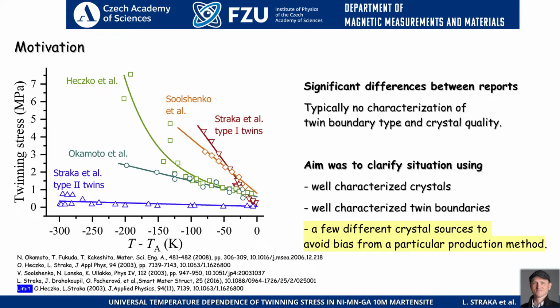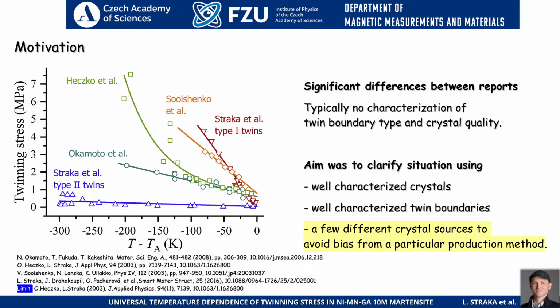What we did, in contrast to previous works, is that we very well characterized our crystals. We took into account the twin boundary type, so we have well characterized twin boundaries. And from my point of view, what is also important, we used a few different crystal sources to avoid any bias from some particular production method.